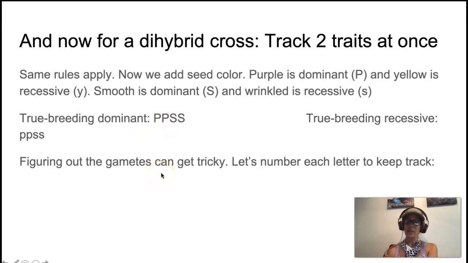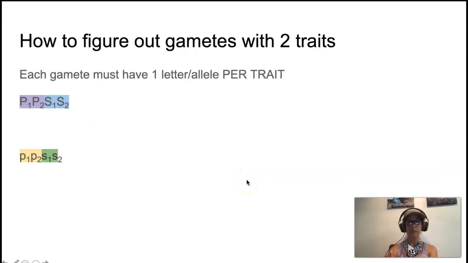Figuring out the gametes when you've got 2 different traits is a little bit more complicated than when we only have 1 trait. So we have our homozygous dominant, purple is dominant and yellow is recessive, smooth is dominant and wrinkled is recessive.